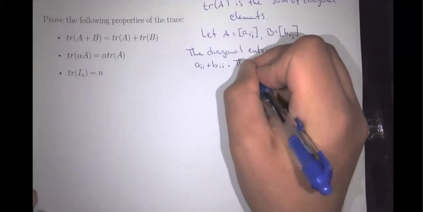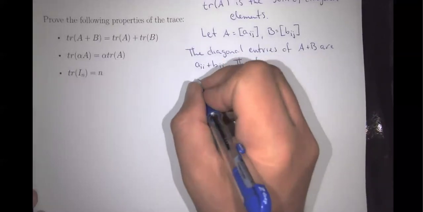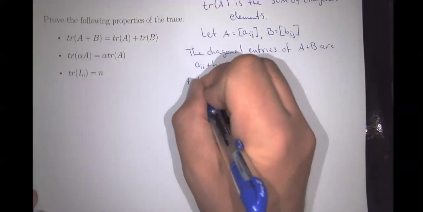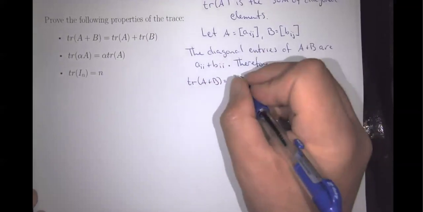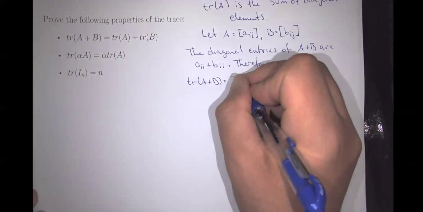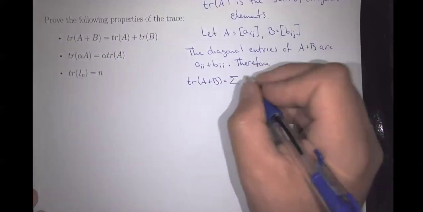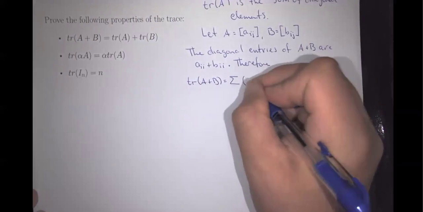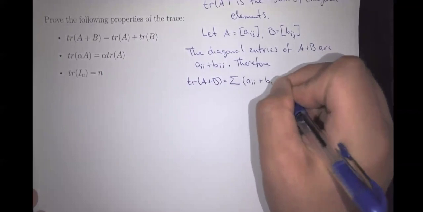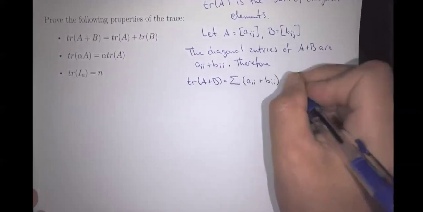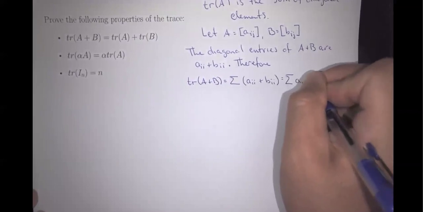Therefore, the trace of A plus B is equal to the sum from i = 1 to n of a_ii plus b_ii, which is the sum of the a_ii's.